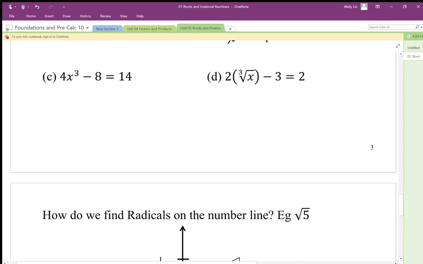Here I have an equation. I need to solve it, so I need to undo the minus with a plus. I need to undo the times with a divide. And then I need to undo the cube with a cube root.